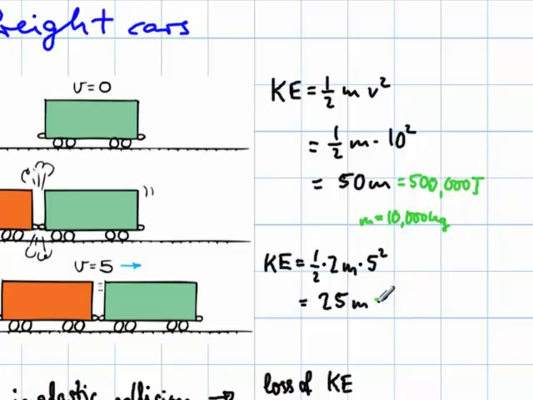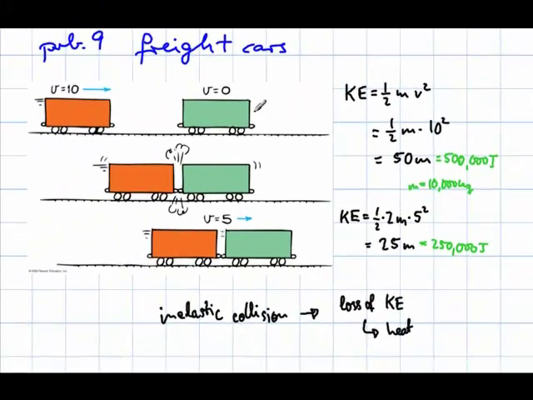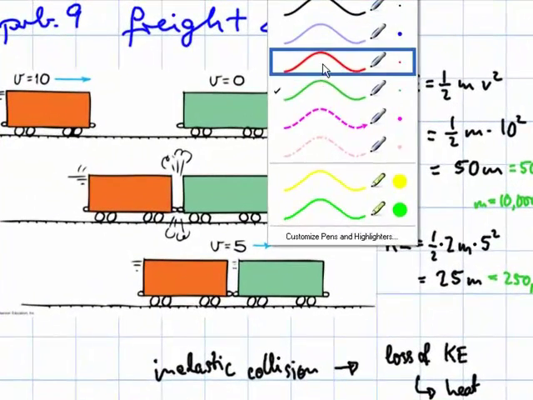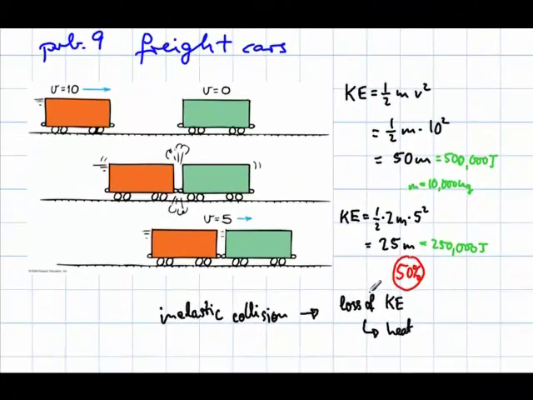And the second time around, we have 25 times 10,000, which is 250,000 joules. So either way, if we use the mass or if we don't, we come up with that 50% of the kinetic energy is lost and dissipated as heat.